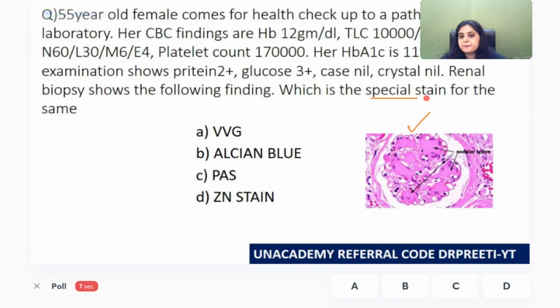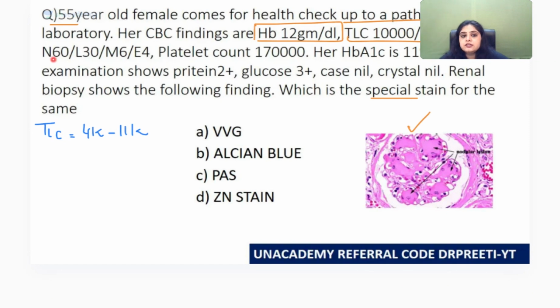You have a 55-year-old woman who comes to the pathology lab. Hemoglobin 12, good enough. TLC 10,000, time to revise your normal values. TLC normal is going to be 4,000 to 11,000. So this is under normal range. Differential count is neutrophil 60, lympho 30, mono 6, EO 4. What is the descending order?